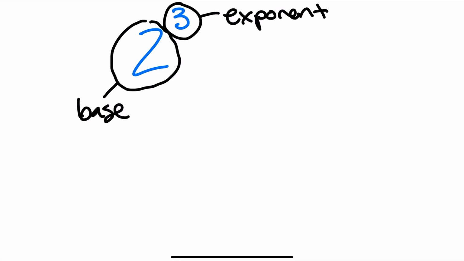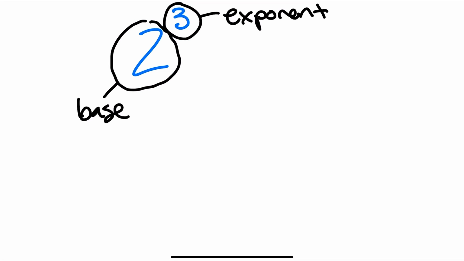So please notice that this number is bigger than this number. We have our 2 down here, and it is physically bigger than our 3. So whenever we write an exponent, it needs to be small and towards the top of our number, so that we can clearly see that 1 is a base and 1 is an exponent.